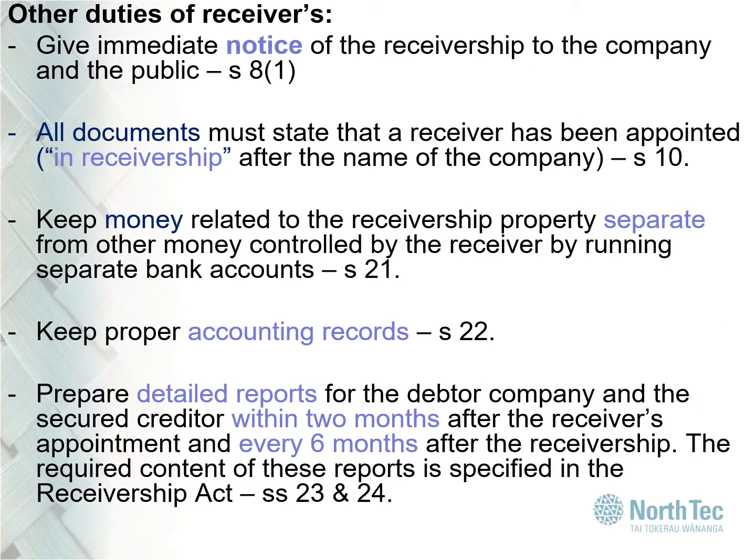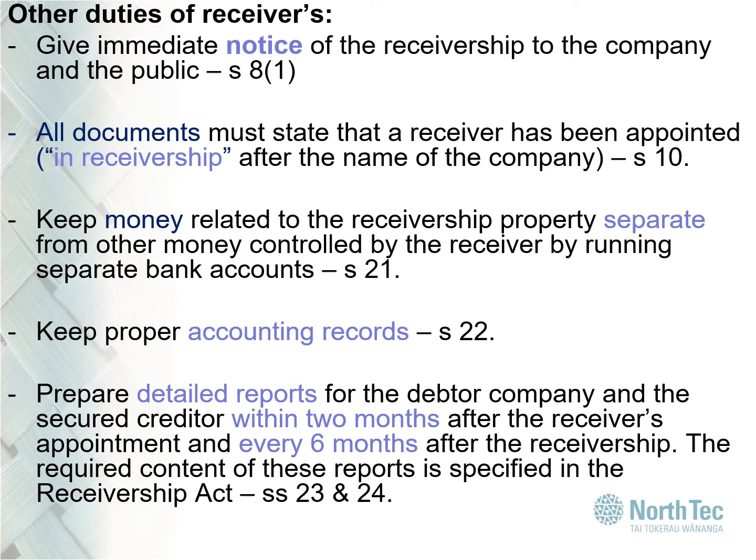Some of the other duties of receivers: they have to give immediate notice of the receivership to the company and to the public according to section 8.1. All documents must state that the receiver has been appointed. In other words, after the name of the company, you will see the following words: in receivership. It must be placed behind the name of the company, and that's according to section 10.